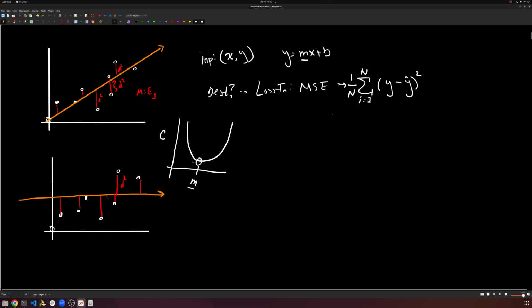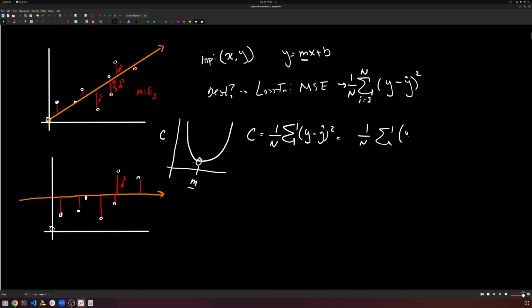So how do we do it? Well, this is our function. Our cost is equal to 1 over n sum of y minus y hat squared, which we can also rewrite as 1 over n sum of y minus mx minus b, squared, because our predicted y hat is just mx plus b.